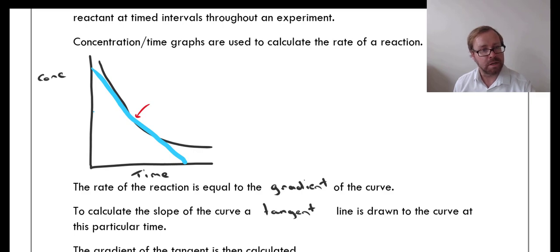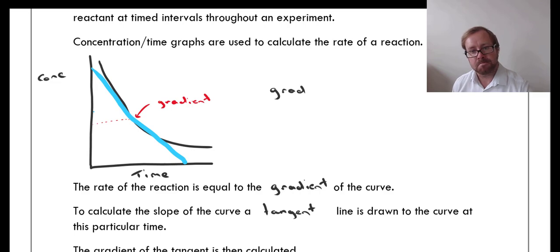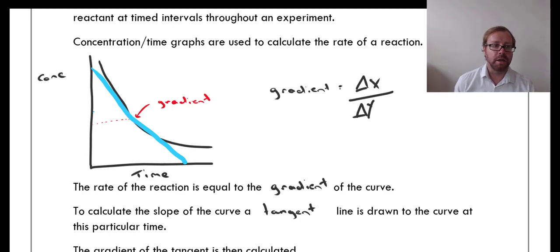So this would be the gradient for this concentration here. To calculate this, I would use the formula the change in x over the change in y. Pretty straightforward. Yeah? Okay.